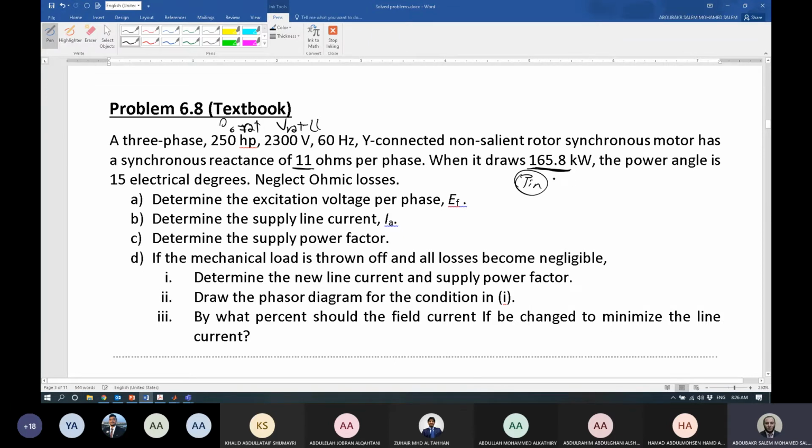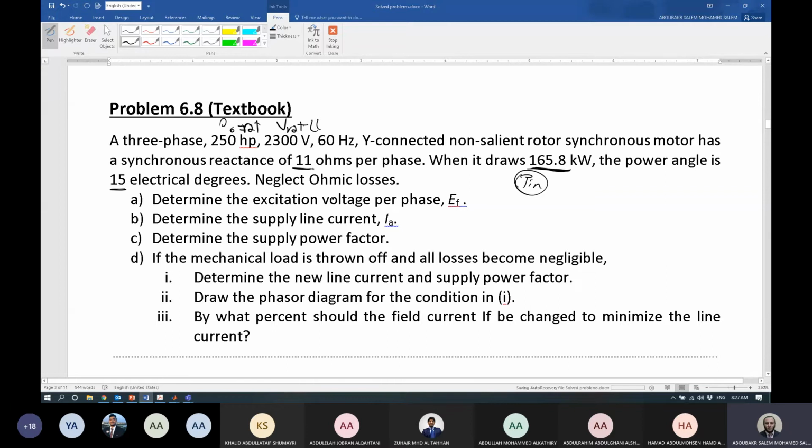The relation of power is EF V terminal over XS sine delta. This is the electrical power, the input power, and the power angle is 15 electrical degrees. So P input and delta are given. Neglect ohmic loss, so RA equals 0. Now it's required to get the excitation voltage per phase.